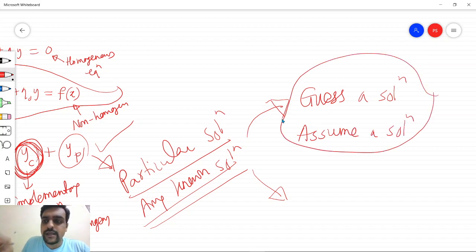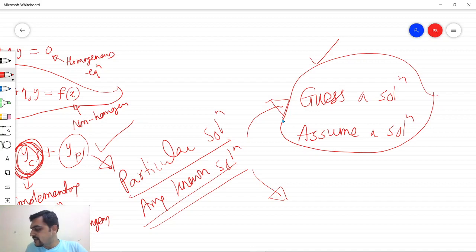This technique works most of the times, but in certain cases, when f of x or the differential equation itself is quite complicated, then sometimes it is very difficult to guess or assume a solution.